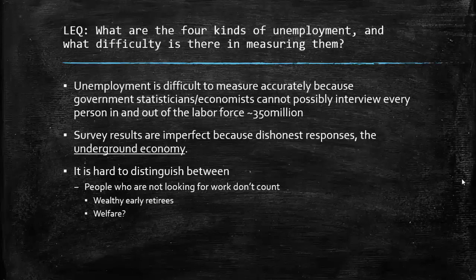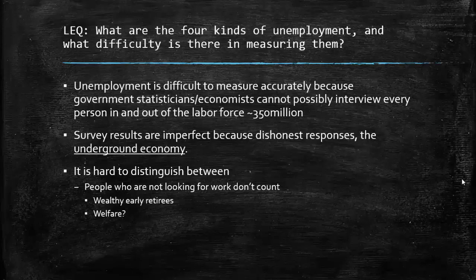So without getting into a statistics level class, those who are taking statistics may know the direction I could take this. But survey results are imperfect because some people may be dishonest. You can think about the black market and underground economy. In other words, people who violate laws to report earnings may be part of the, I guess you'd call it, black market underground economy. That skews statistics.